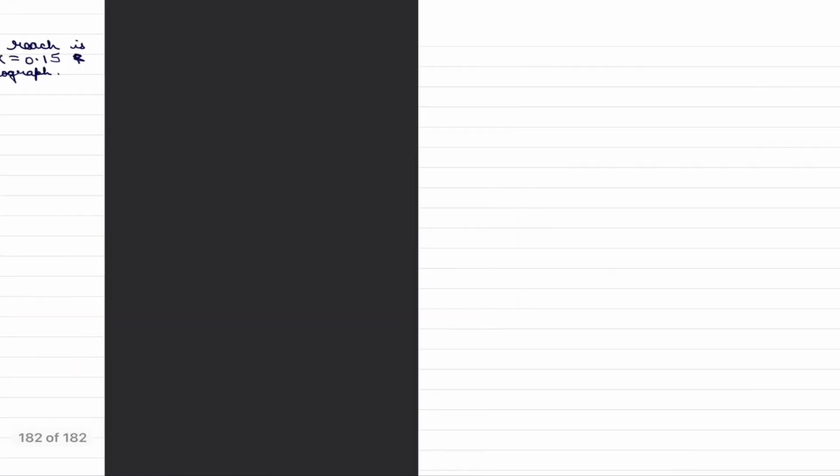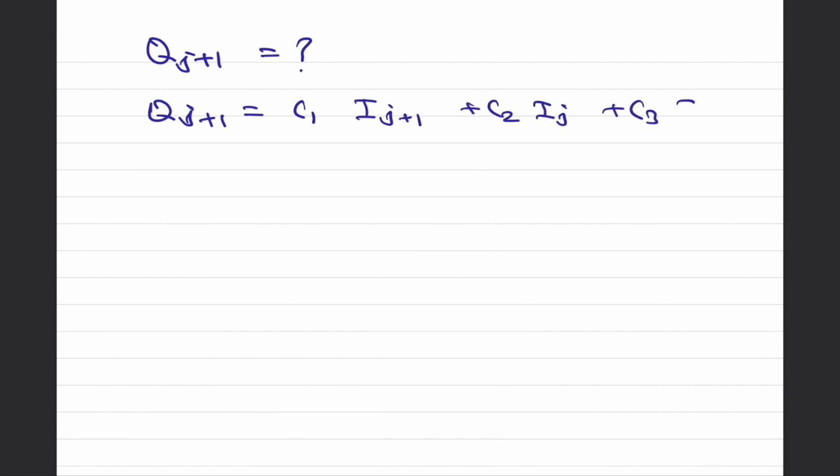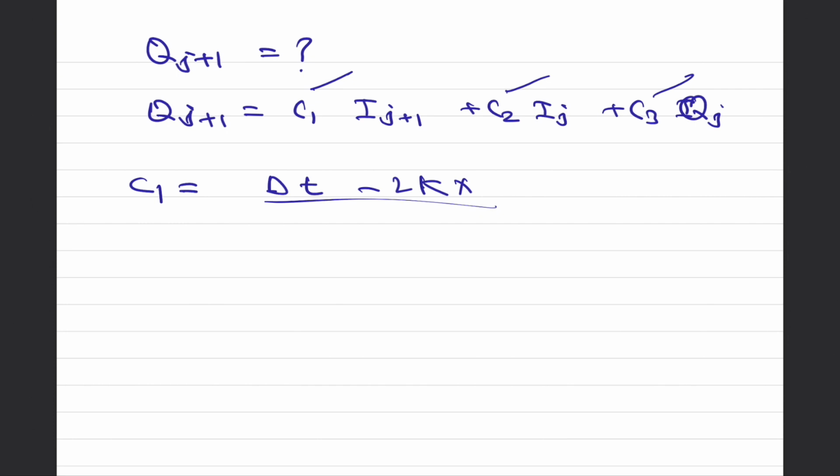First of all, we need to determine Qj+1. We know Qj+1 is some function of Ij+1, some function of Ij, and some function of Qj. First, we determine these coefficients. We can write C1 as (delta t minus 2kx) divided by (2k into (1 minus x) plus delta t).